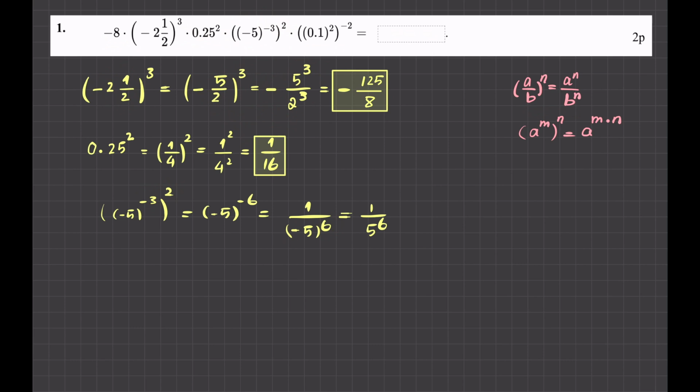But I am hesitant actually to calculate it now, because 5 to the power 6 means 5 times itself 6 times, which becomes a huge number. But let us keep it and see what happens in the future. Might be there are some things that I can simplify without having to calculate 5 to the power of 6.